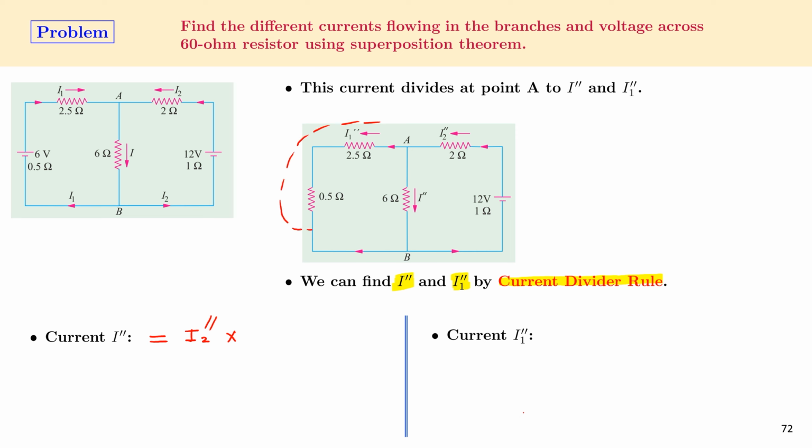So this is the total resistance in the other branch, that is 0.5 plus 2.5, divided by total resistance in the loop, which is 2.5 plus 0.5 plus 6. That is equal to 2.4 multiplied by 3 divided by 9, which gives us 0.8 amperes.